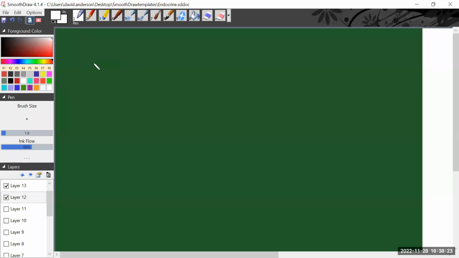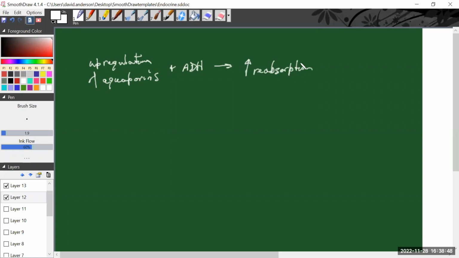So if we have upregulation plus the ADH, what we do is we increase reabsorption of water.